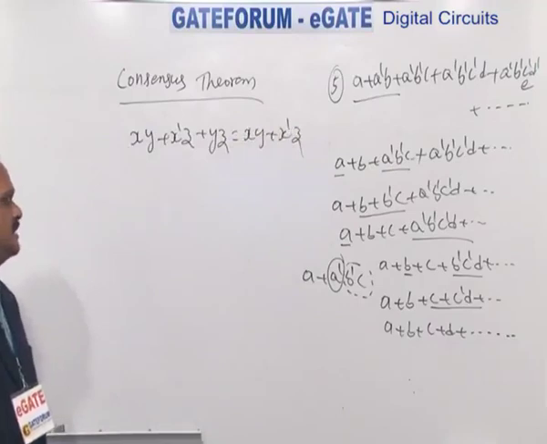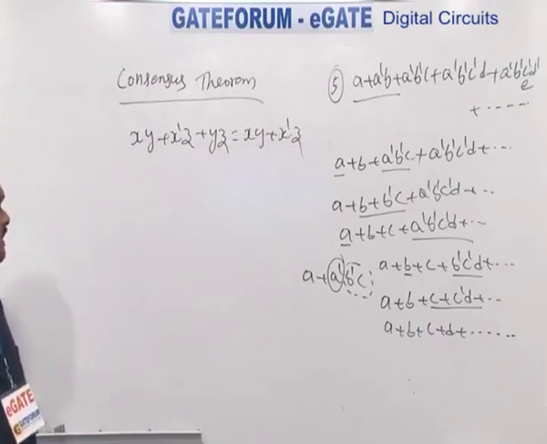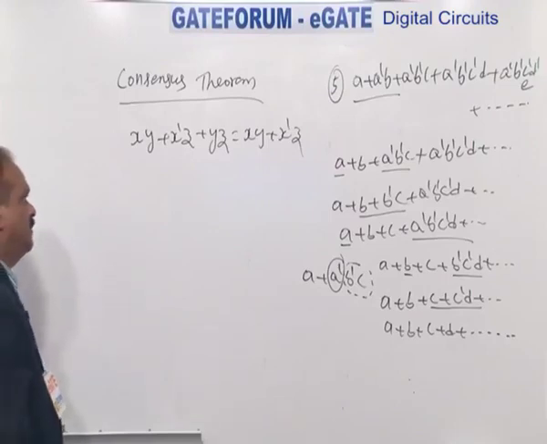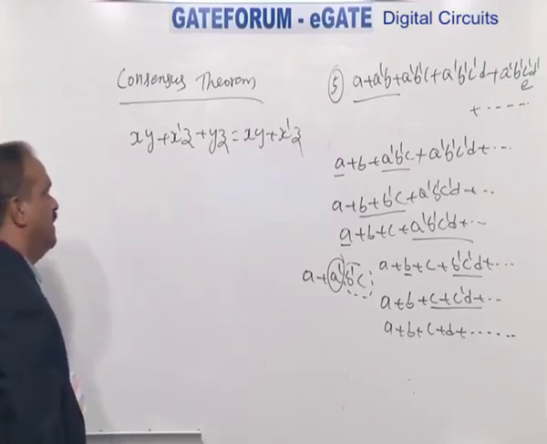So this is the consensus theorem: xy plus x bar z plus yz is equal to xy plus x bar z. That is, xy plus x bar z plus yz can be written as xy plus x bar z.